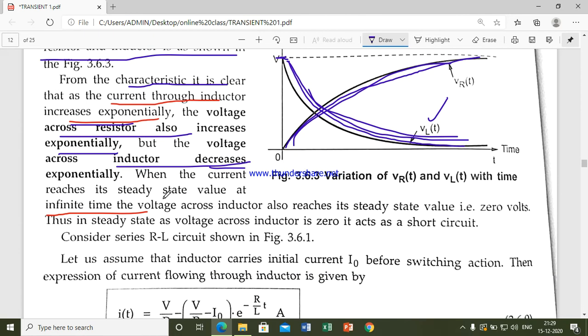When the current reaches the steady state value at infinite time, the voltage across the inductor also reaches the steady state value 0. Thus in steady state the voltage across the inductor is 0. Obviously the voltage across the inductor will be 0. It acts as a short circuit. If the inductor voltage is 0, it is like a short circuit.